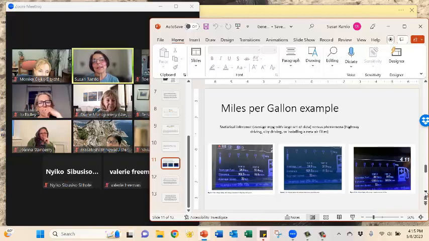So in my example, I drove my minivan all around and collected a large amount of data, just short of 1,000 miles. And when I drove 1,000 miles, highway and city, I had 24.0 miles per gallon.